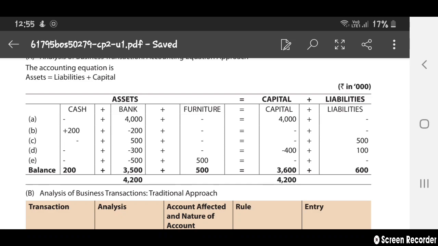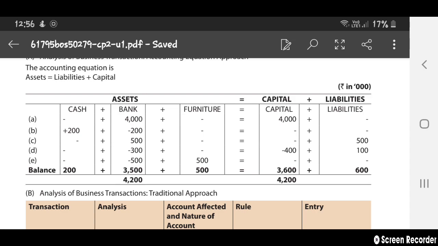3500 plus 200, so it will be 4200. The balance for bank is 3500, and if you add the 200 rupees cash that you have withdrawn, that will be 4200.